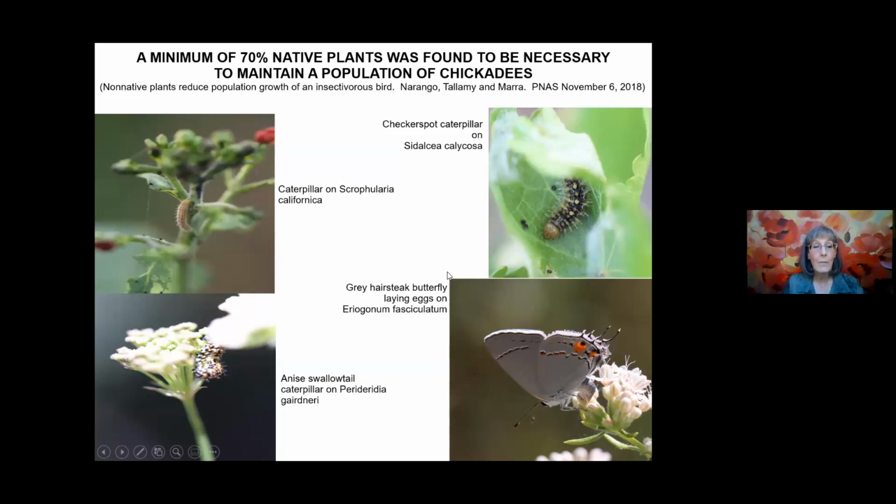And these larvae, these are the plants that they eat. They don't eat other plants. So this is how you provide food for birds. And let's face it, the gray hair streak is a beautiful creature.